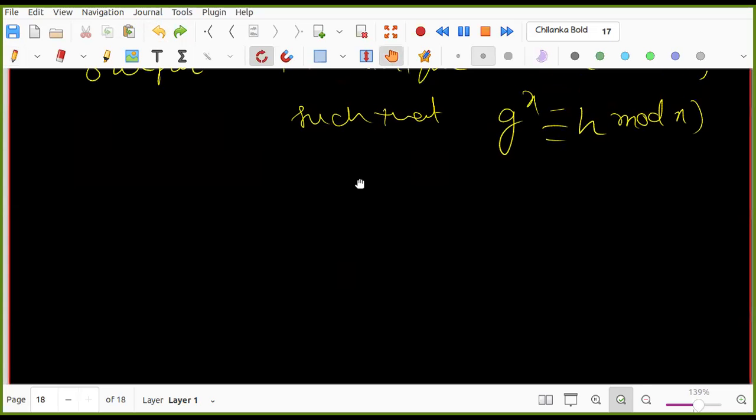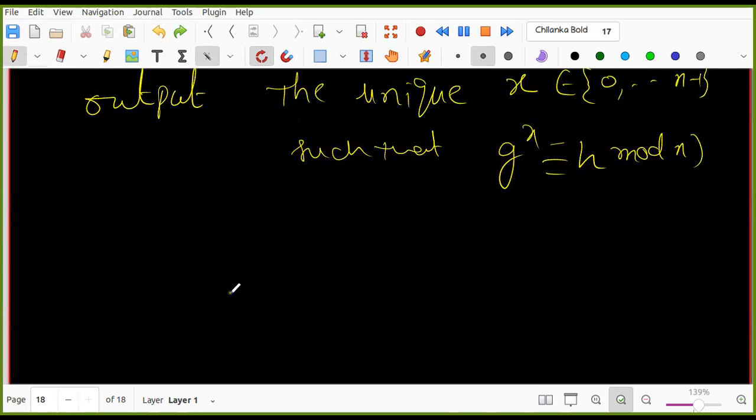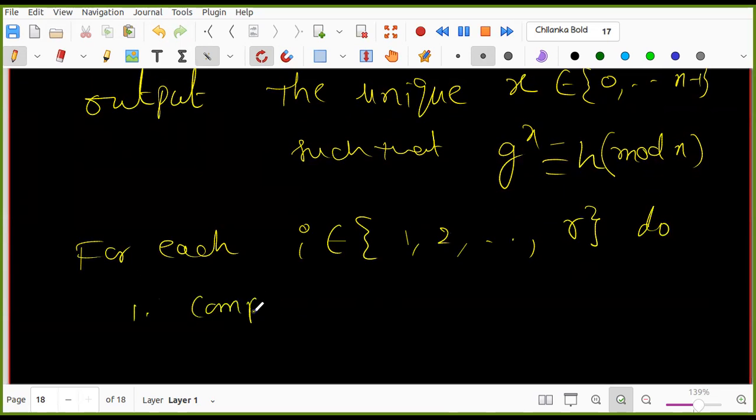Okay. For each i belongs to 1, 2, 3 up to r, do the following. The first step is to compute g_i, where g_i is equal to g power n by p_i power e_i. What is g?